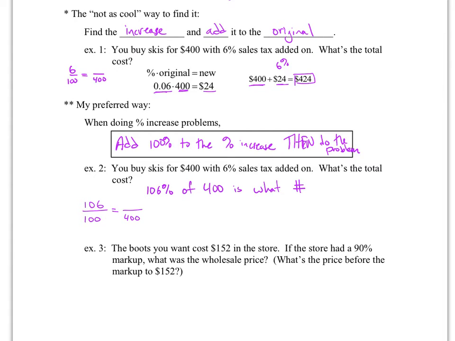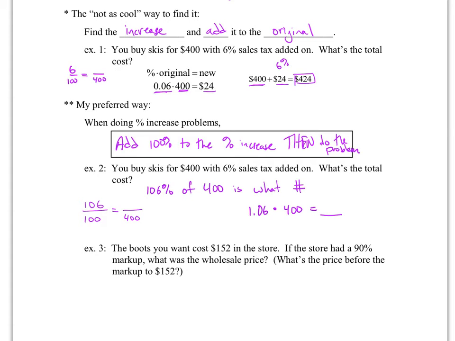If you like turning words into math, you're going to say 1.06, because that's a percent as a decimal, of is multiplied, 400, is blank, because is means equal. So either way, proportion people, I am totally fine with proportions. If you'd rather get away from proportions and do it the other way, there's your other way.